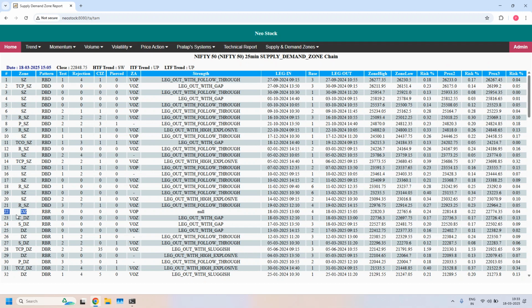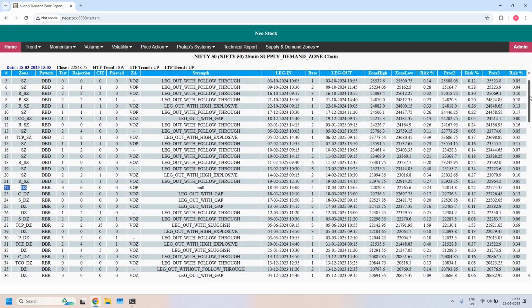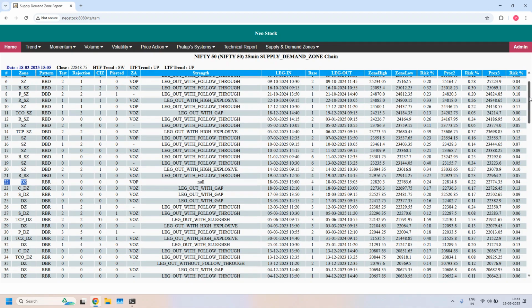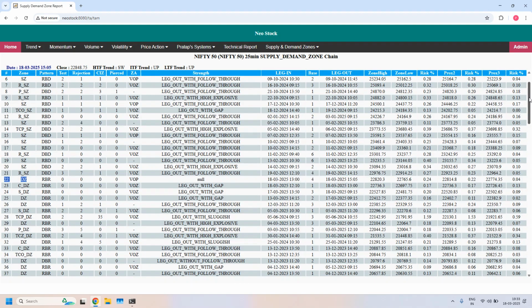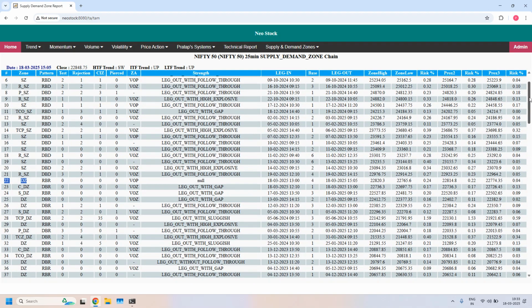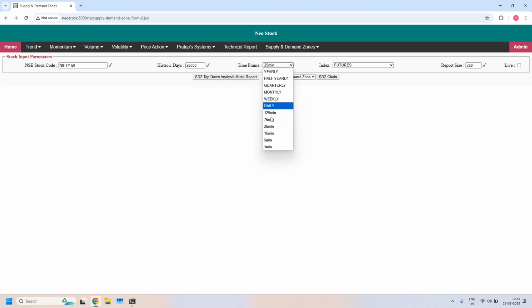22 is the nearest demand zone and 21 is the nearest supply zone to the current closing price. So let me put it in the center. Okay, next, 15-minute supply demand zone chain for Nifty.